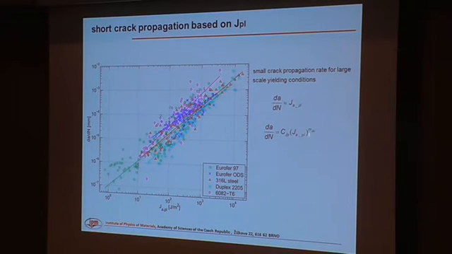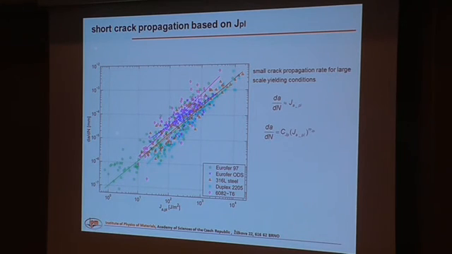The control variable is not the stress intensity factor, but the plastic part of the J integral. It's possible to describe it with two material constants, which seem independent of the loading conditions. So each material can be described by this equation separately.